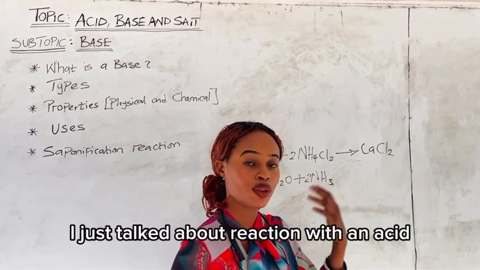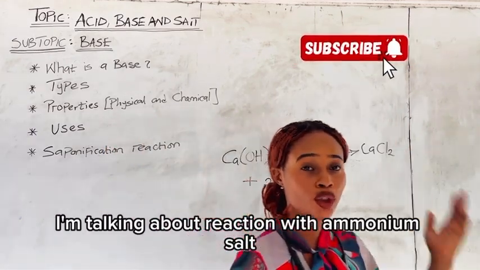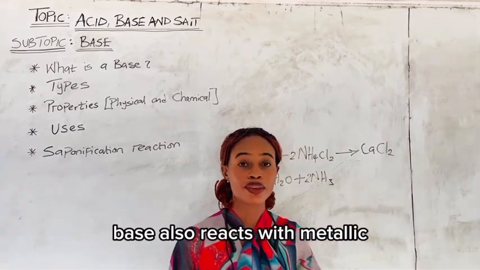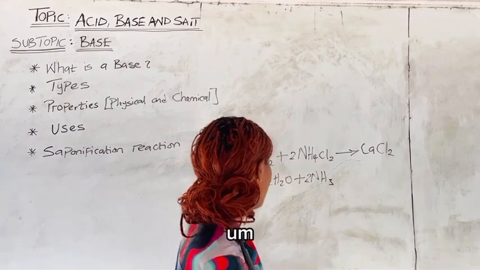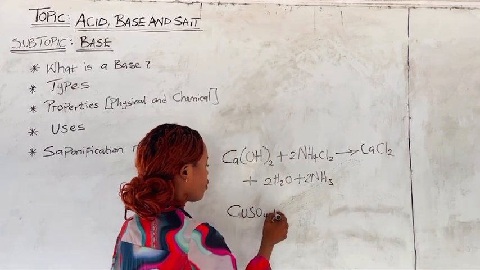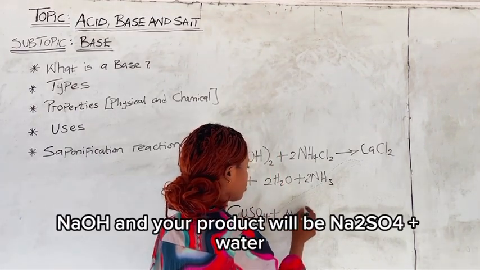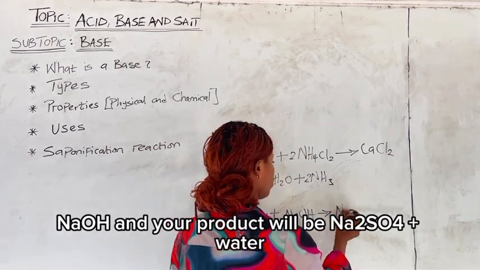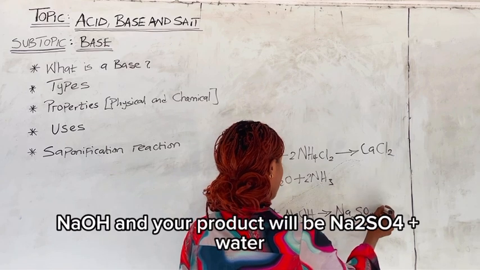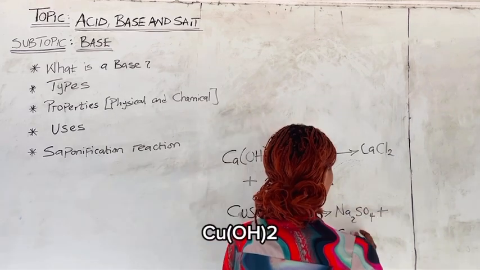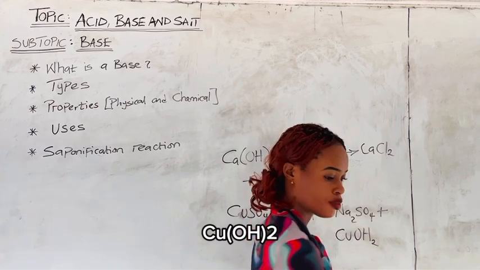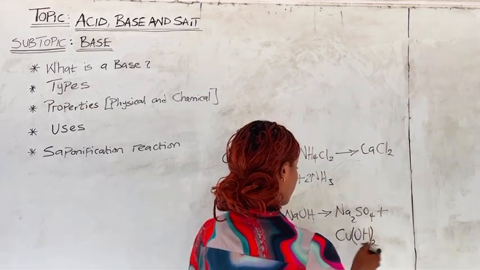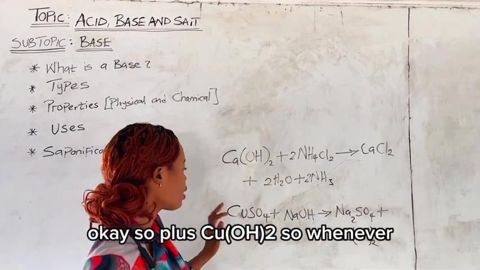So these are some of the chemical properties of a base. I talked about reaction with an acid and reaction with ammonium salt. But there are other chemical properties of a base. Base also reacts with metallic salt. So, for example, CuSO4 reacting with NaOH, and your product will be Na2SO4 plus Cu(OH)2.